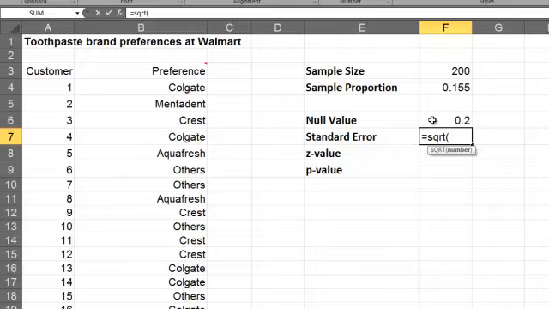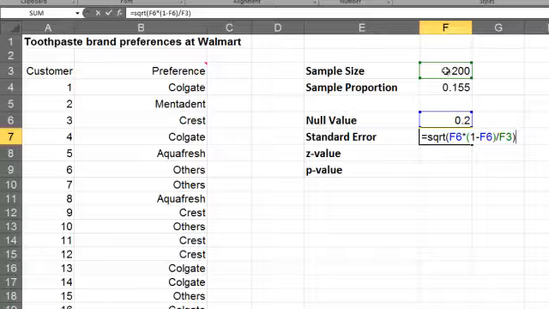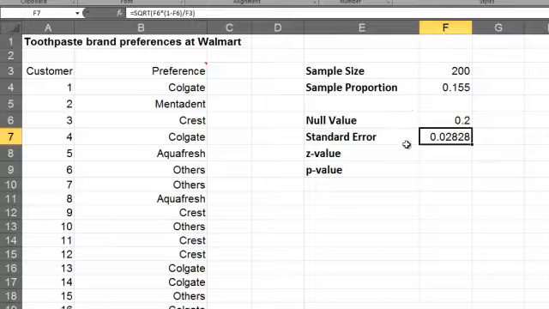It's important to remember here to use the null value and not the sample proportion. So I'm going to say null value times 1 minus that same null value, divided by my sample size, and all of that is going to be within my square root function. And I get a standard error of 0.028.